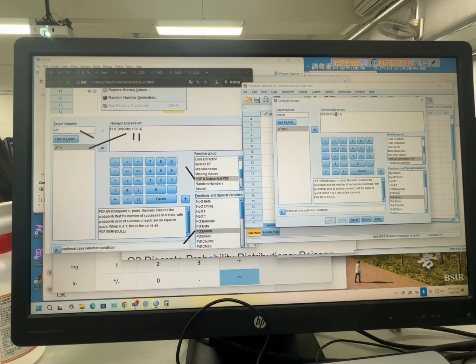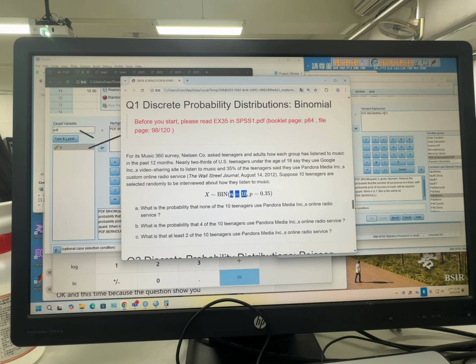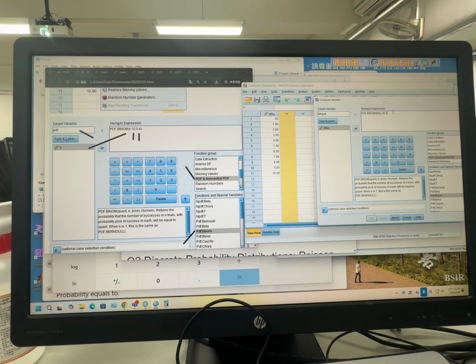Then you want to specify the same. So there are 3 question marks. The first question mark is the variable value, so you move x to the right-hand side. And the second one is n. N is 10, because the question says you should specify n equal to 10 and probability equal to 0.35. That's it.